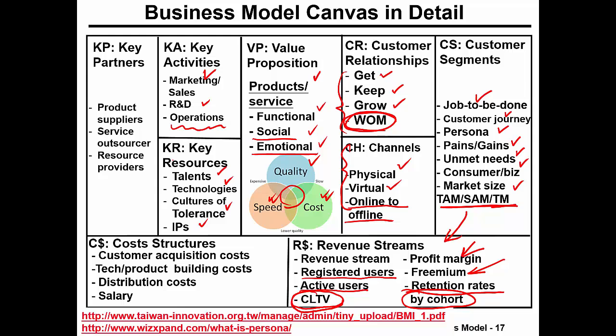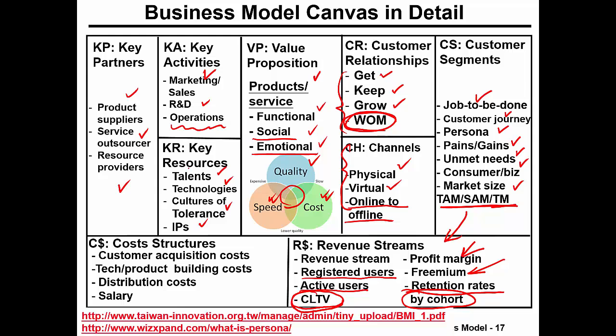Key partners may be the product supplier or key raw material supplier. Could be an outsourcer of service, and they may provide some resources that we need in order to produce the product and services.